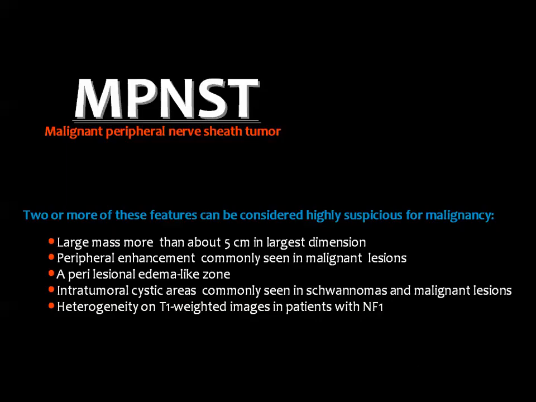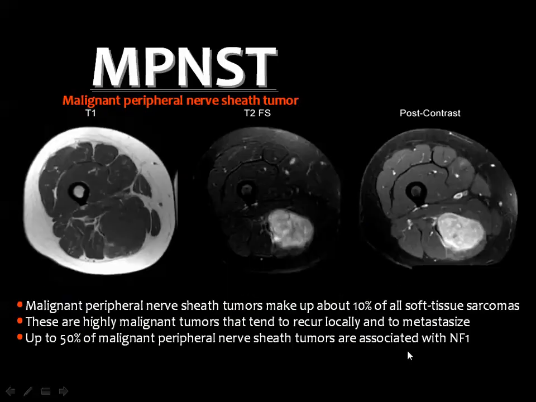And according to the literature, also two or more of these features can be considered highly suspicious for malignancy. As I have mentioned before, large size of the mass, more than 5 centimeters in diameter, peripheral enhancement commonly seen in the malignant lesions, perilesional edema-like zone, intratumoral cystic changes commonly seen in schwannomas and malignant lesions, heterogeneity on T1 weighted images, especially in patients with neurofibromatosis type 1.